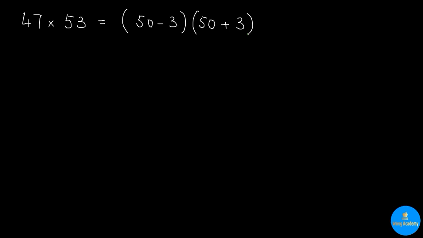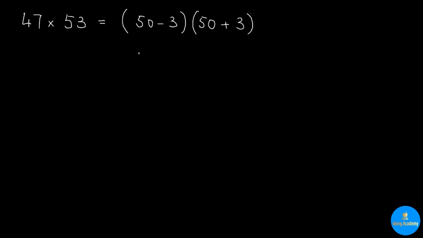Let's try to calculate 47 times 53. Instead of directly multiplying them, let's think about 47 as 50 minus 3, and think about 53 as 50 plus 3. In this way, our product fits with the difference of two squares identity perfectly.